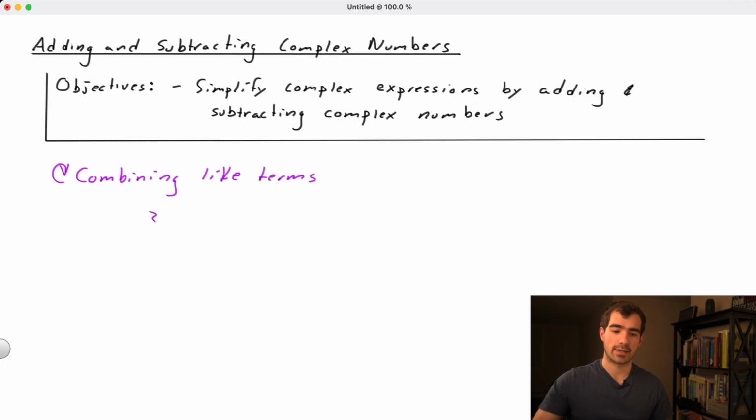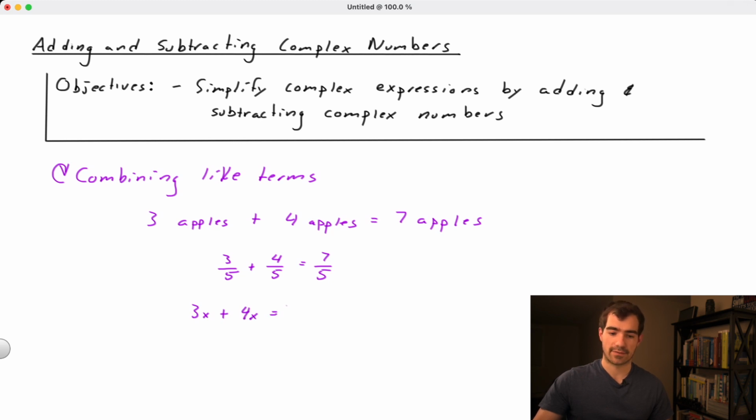In the same way that 3 apples plus 4 apples equals 7 apples, and 3/5 plus 4/5 equals 7/5, and 3x plus 4x equals 7x, and 3 root x plus 4 root x equals 7 root x, we'll find the same exact thing with imaginary numbers.